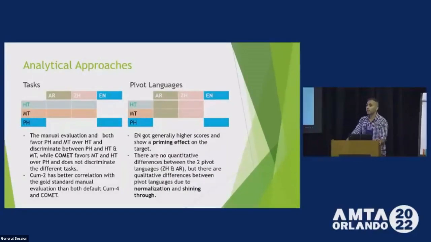And then we started our analysis, and we had a 2-dimensional approach here. As you can see on the left side, we started by analyzing the different tasks: monolingual paraphrasing, the machine back translations from the 2 neural machine translation systems, and also the human back translations from Arabic and Chinese.